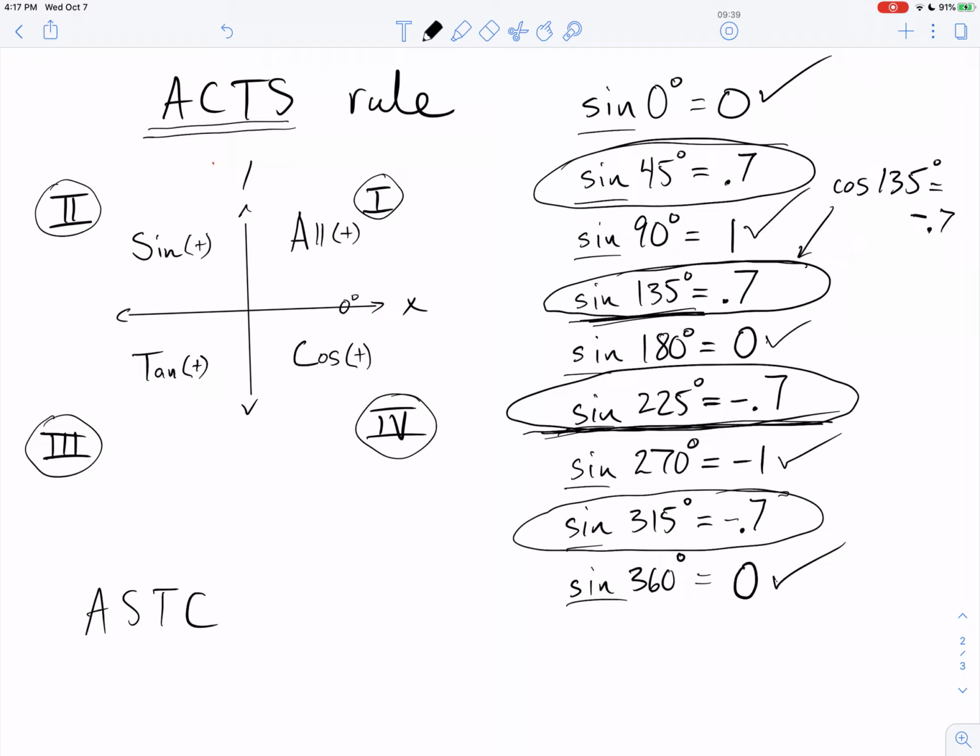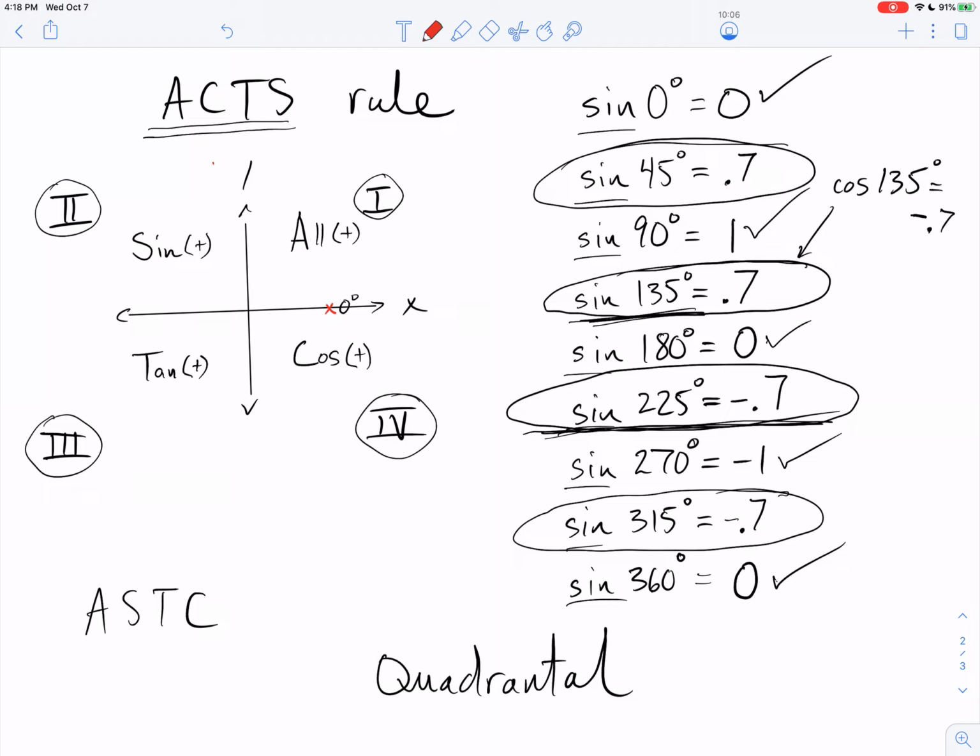Now, these guys, these special angles, are the ones that we call quadrantal. Quadrantal angles are the ones that lie on our axes. So if you tried to draw a right triangle that has a 0-degree angle in it, guess what?